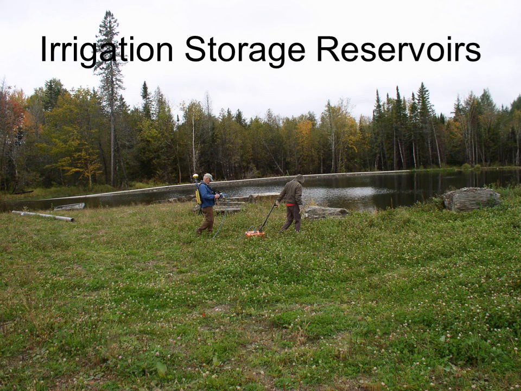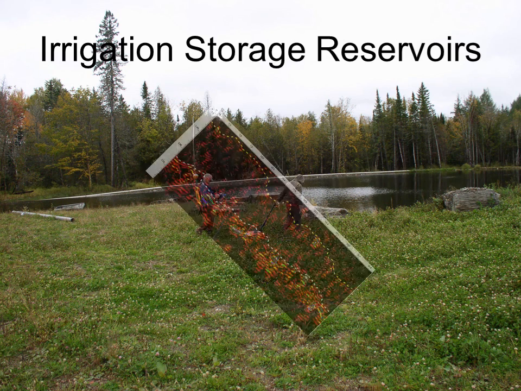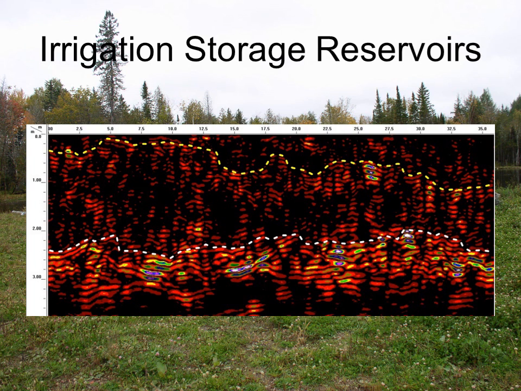Soil scientists in Maine use ground-penetrating radar to map the depth to bedrock and assess the suitability of sites for irrigation storage reservoirs. Here is a representative radar record from one of those sites. On this radar record, the shallower and deeper interfaces represent the contact with firmer till and the solid rock, respectively.